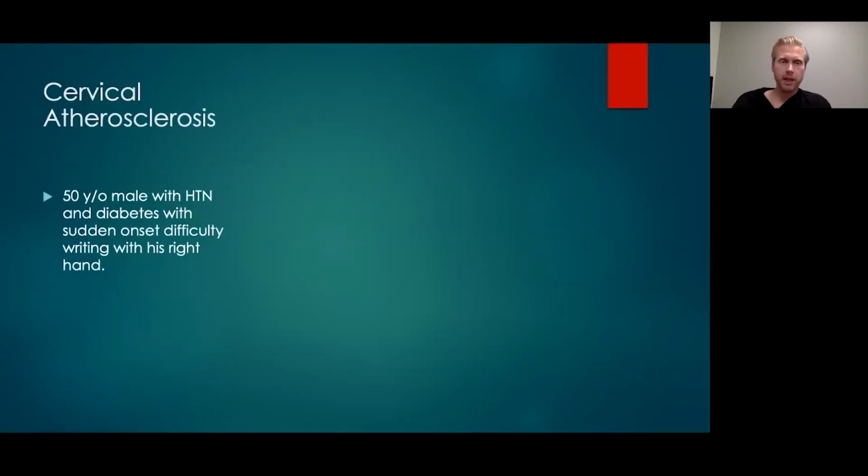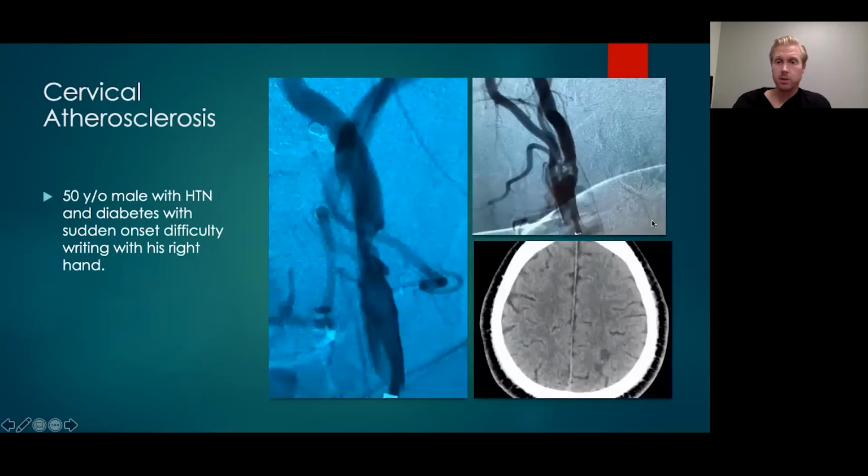All right, this is just a quick case to get everyone thinking about how this might work in patient care rather than in slides. I kind of alluded to this one earlier. A 50-year-old male with high blood pressure and diabetes had sudden onset difficulty writing with his right hand. I believe he had a pacemaker, so he couldn't get an MRI. So he had this CT scan of the brain.